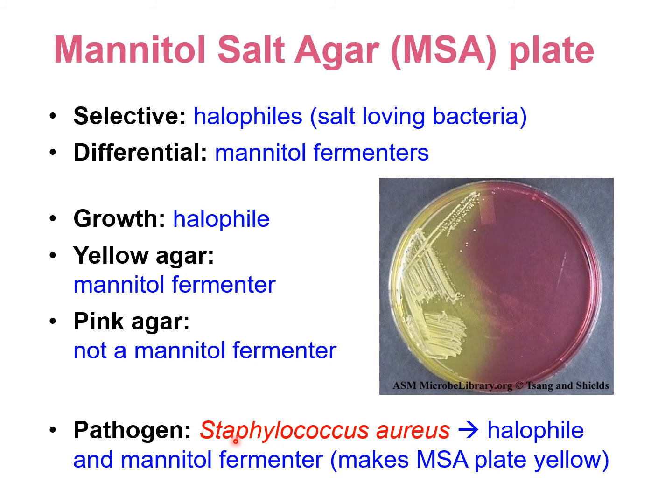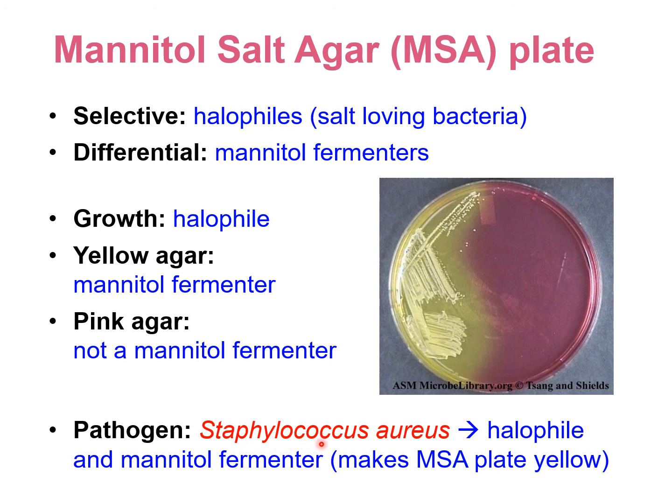Now, the pathogen Staphylococcus aureus. By the way, how would Staphylococcus look under the microscope? They would look like clustered cocci. Now, Staphylococcus aureus is a pathogen.